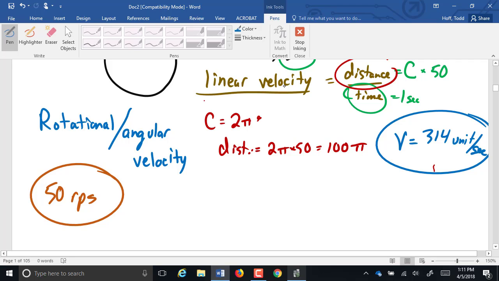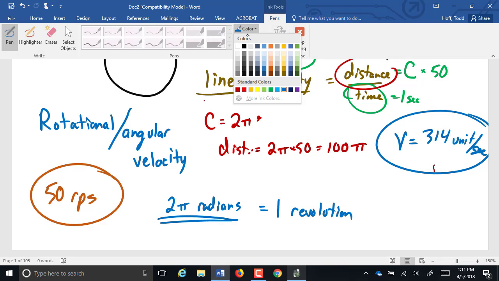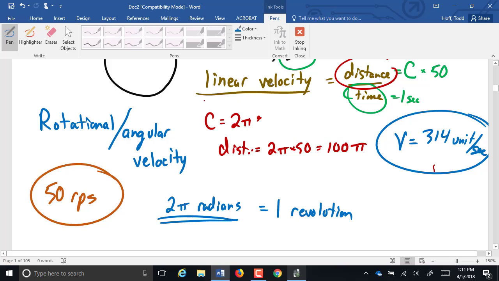Each revolution is 2 pi radians, isn't it? One revolution is 360 degrees, 2 pi radians equals 360 degrees. So the rotational velocity is in radians per second.